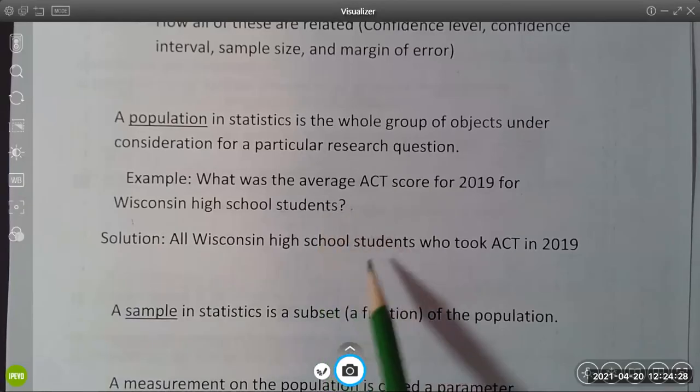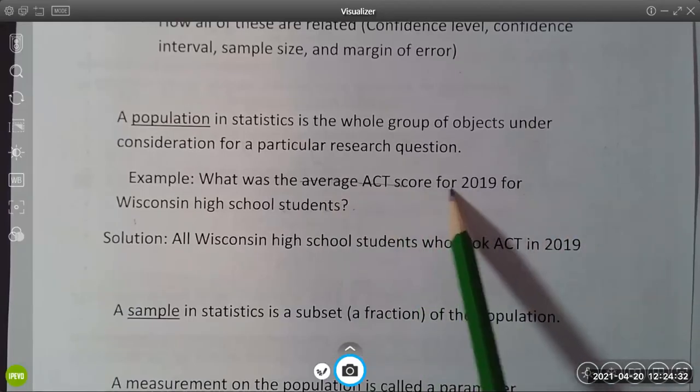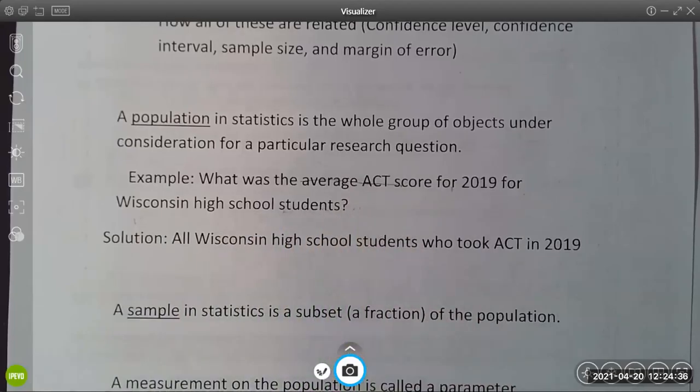Since we want to calculate the average ACT score for the year 2019 for Wisconsin high school students, the population first has to be Wisconsin high school students, and those high school students have to be from 2019, and that's your population. You calculate the average ACT scores for those students.